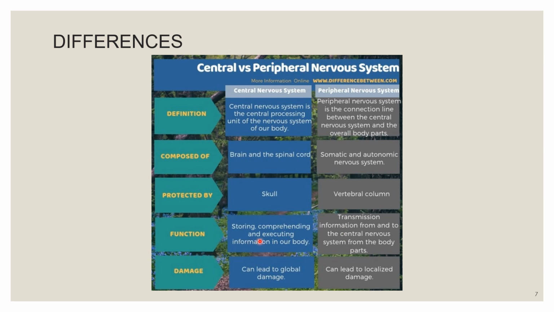Coming to the function, the CNS will store, comprehend and execute the information in our body, whereas the PNS is important for transmission of the information from and to the central nervous system from body parts. Damage of the CNS can lead to global damage, whereas PNS damage will lead to localized damage.